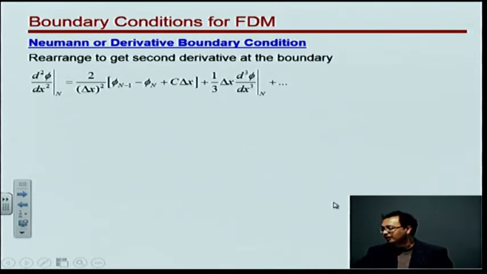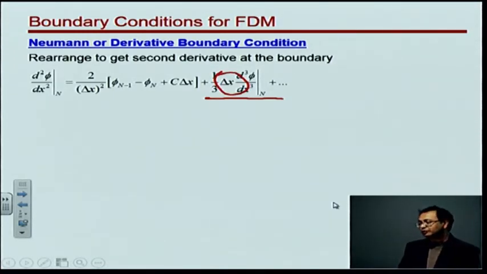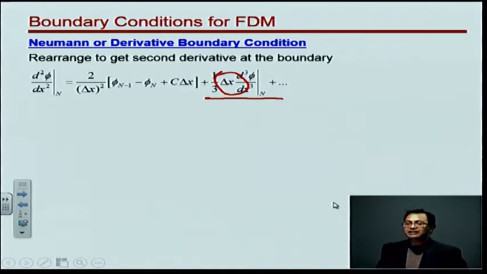You see this higher order term show up, which has a delta x in front of it. Okay, so what we have done here is we have obtained a finite difference approximation of the second derivative of phi, which includes the fact that the boundary condition has been satisfied. Okay, because we plugged in the boundary condition already. That's how we ended up getting this c here.